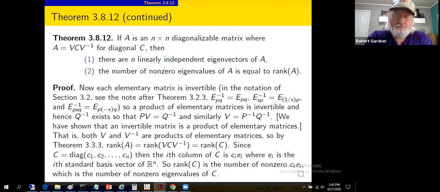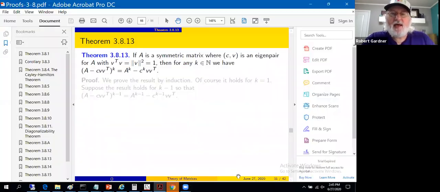If it's non-zero, we've got a column vector that's non-zero. If it is 0, we got a 0 column vector, and you're losing rank there. So the rank of C is the number of non-zero columns, that is the number of non-zero eigenvalues. And we showed the rank of C equals the rank of A. So the rank of A is also the number of non-zero eigenvalues. You lose 1 from the rank every time you run across a 0 eigenvalue is another way to think about it. So that establishes that one.